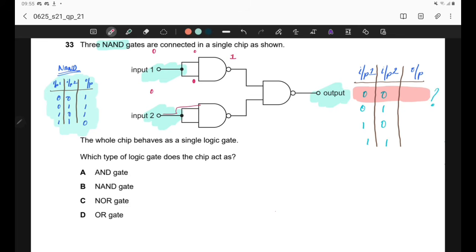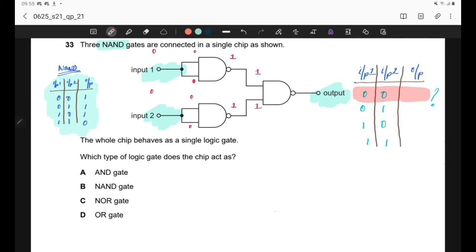So the 0 will be connecting to both input terminals. So both input terminals will be 0 0. And with the help of NAND gate truth table we can understand when the inputs are 0 0, the output will be 1. So this 1 we are connecting to the input of the third NAND gate. So for third NAND gate, the initial input is 1 and 1.